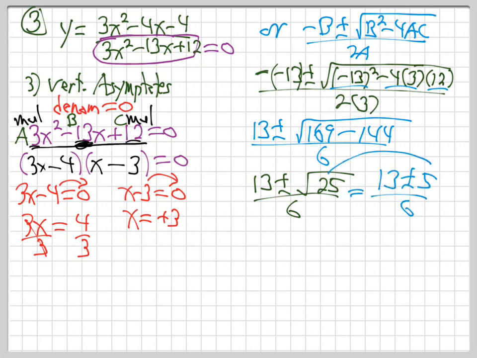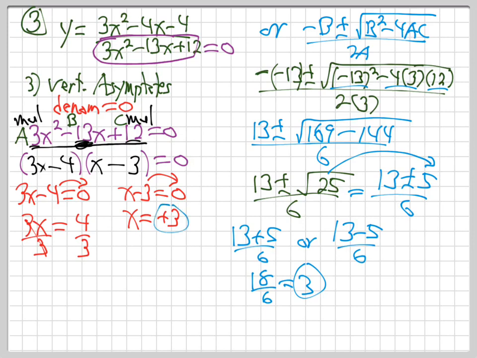Because the root of 25 is just 5. So break that up. That's 13 plus 5 over 6, or 13 minus 5 over 6. That's 18 over 6. 3, like we got there. 13 minus 5 is what? 8 over 6. Reduce it. Divide top and bottom by 2. And that's 4/3. That's our other answer.